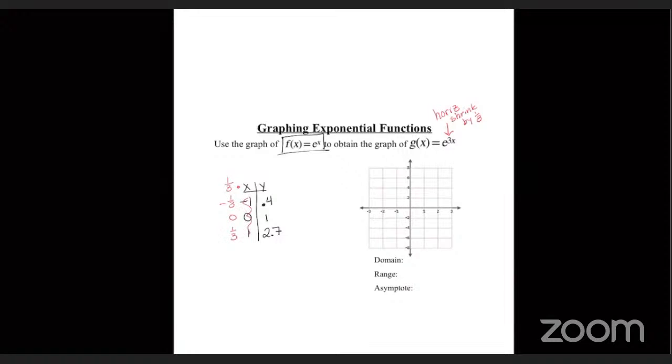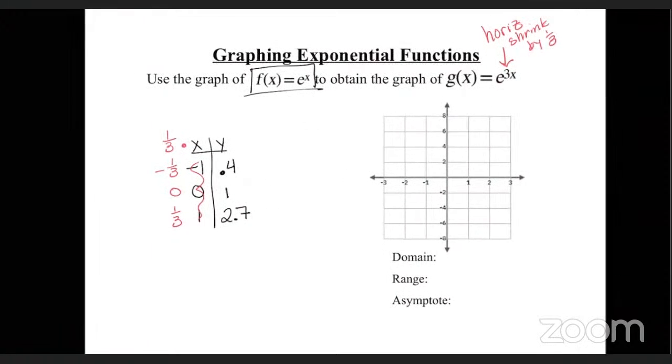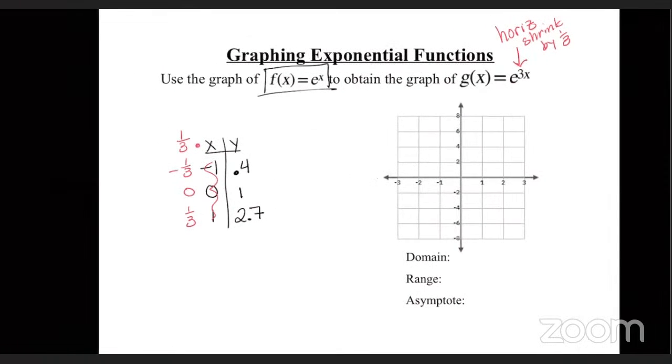So then we would graph those points on our graph. So negative 1/3, 0.4, would be somewhere way down in here, 0, 1, and then 1/3, 2.7. Squished my graph really close together.